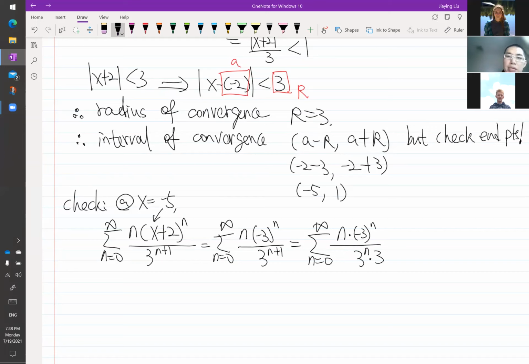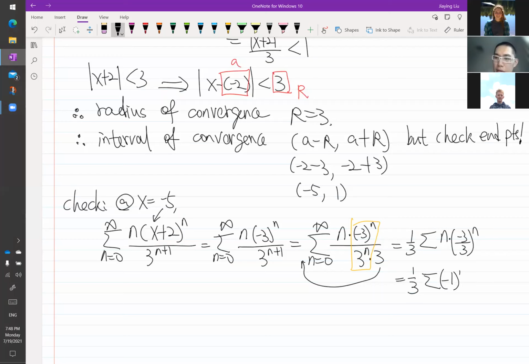The reason I'm doing this is because I want to put this part together as one fraction raised to the n. So I bring this 3 outside, and I get 1/3 sigma n times -3 over 3 to the n, which is just -1. So I get 1/3 sigma -1 to the n times n. But is this going to be convergent or divergent?